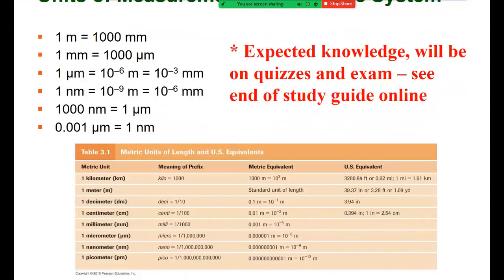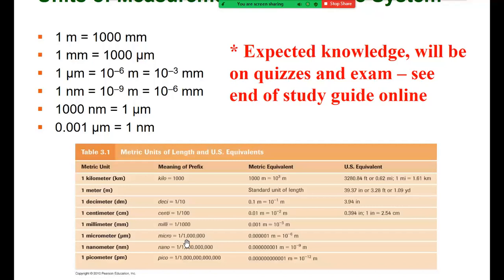In fact, science doesn't use them too much. A meter is the basic unit of length in the metric system. You should know a centimeter. There is a decimeter, but you don't need to know that one. A centimeter is 1/100th of a meter, and a centimeter is something you can find on a ruler.